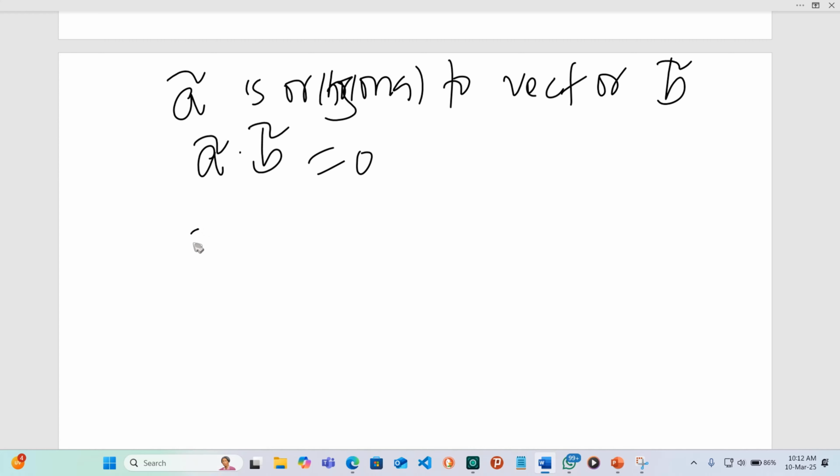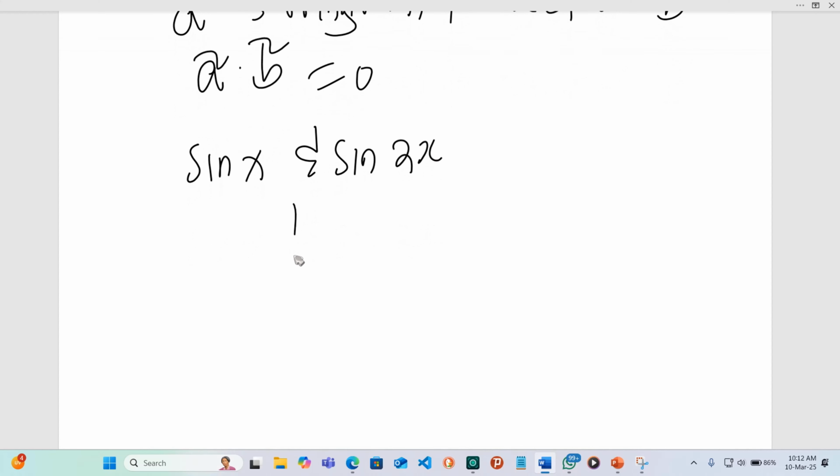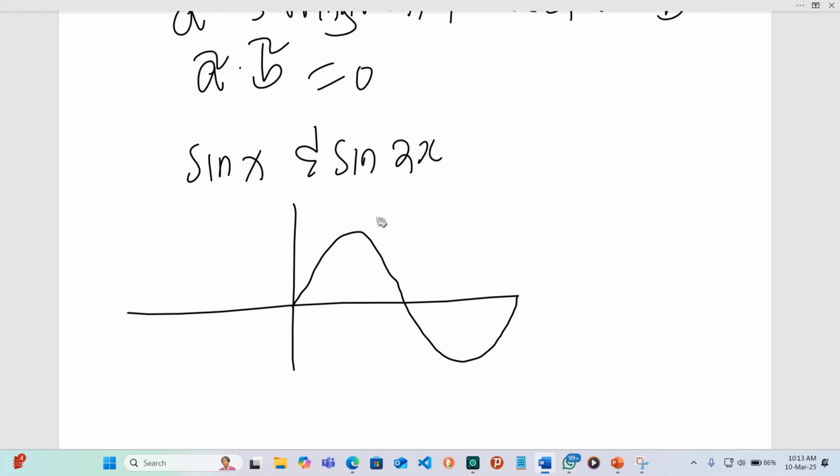So we can extend this to functions. For example, let's take two functions, sine x and sine 2x. If these are orthogonal to each other, let's represent them on a graph. Let's now represent sine 2x.